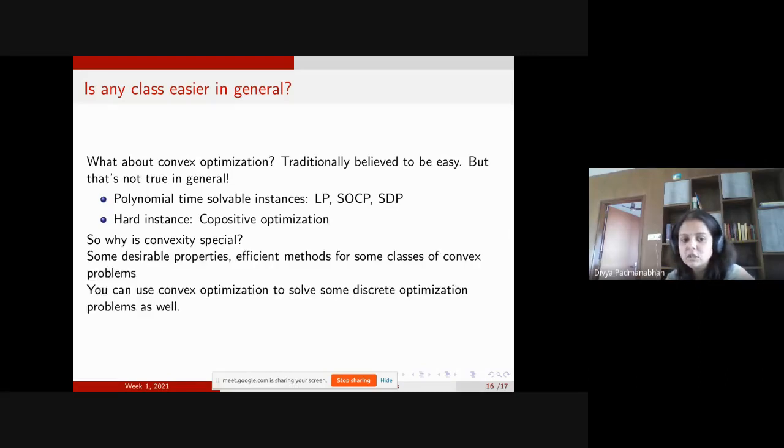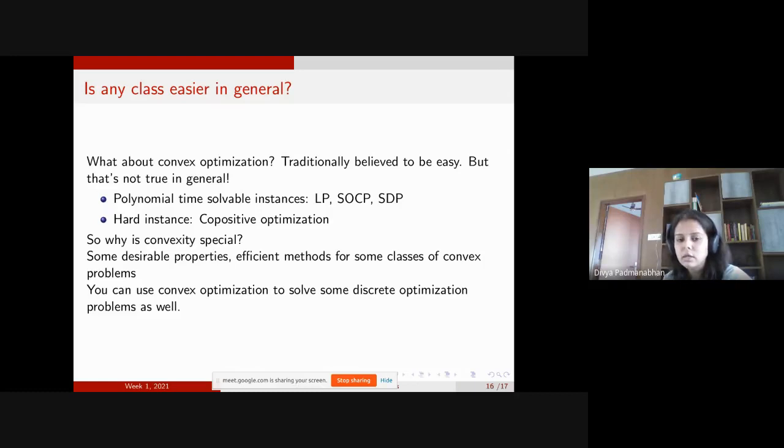The reason is that there are some desirable properties and efficient methods for some classes. For example, for linear programs and for semi-definite programming there are efficient methods. Also for some discrete optimization problems, you could use convexity to solve the problems to some extent. That's why there is a buzz about convex optimization.